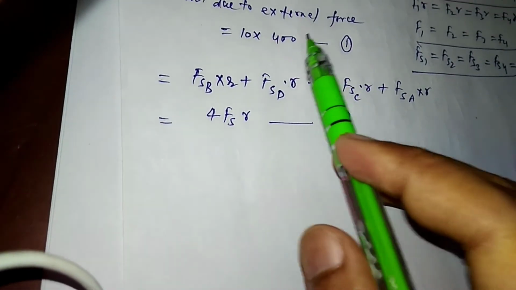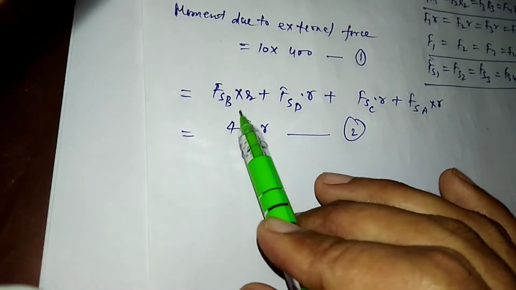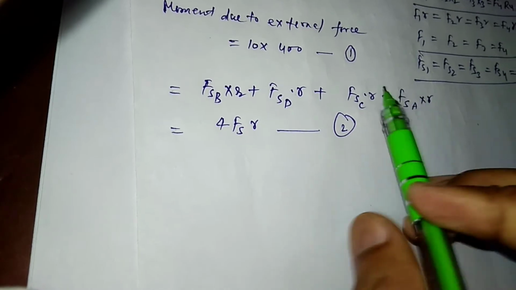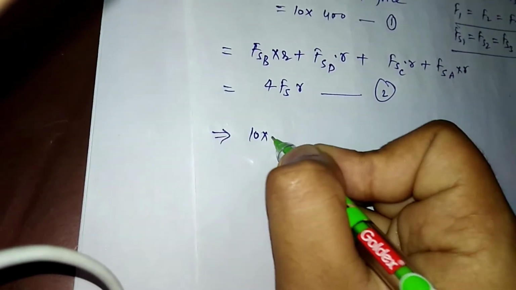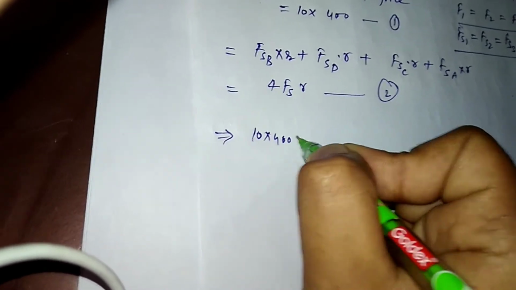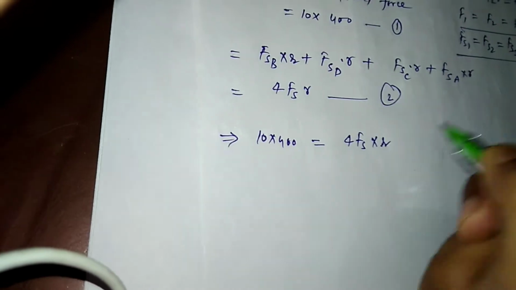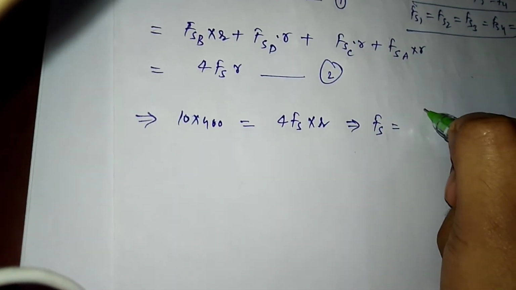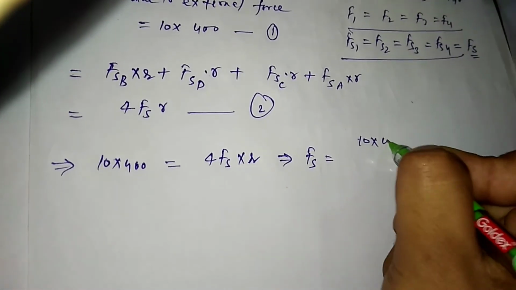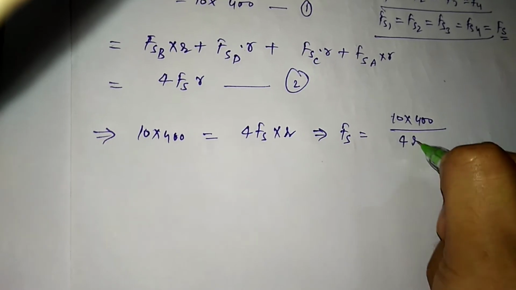So from equation first and second, the moment due to the external force will be equal to the moment due to all the secondary forces. So we can write 10 into 400 equal to 4 FsR, or you can say Fs will be equal to 10 into 400 upon 4R.